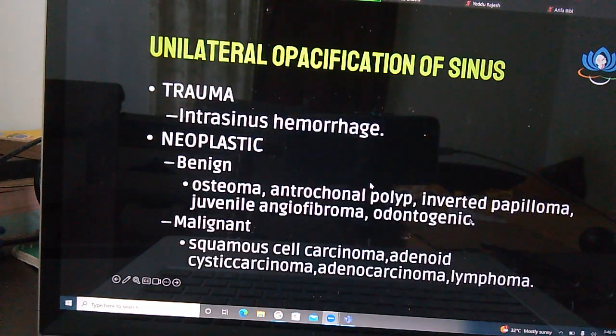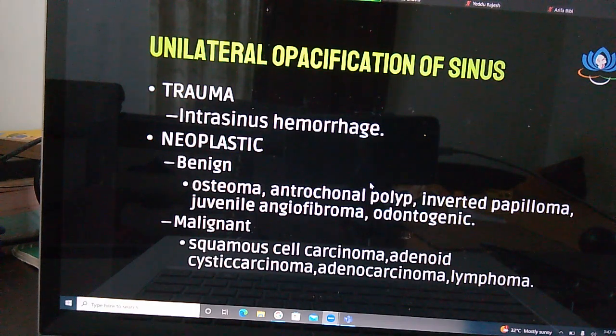The other conditions are trauma, intrasinus hemorrhage, maxillary sinus fractures, ethmoid fractures, when the sinuses are filled with blood after trauma, they give opacification of the sinus. And it can be neoplastic also. It can have benign tumors like osteoma, antrochoanal polyp, inverted papilloma, even juvenile angiofibroma, or it can be odontogenic also.